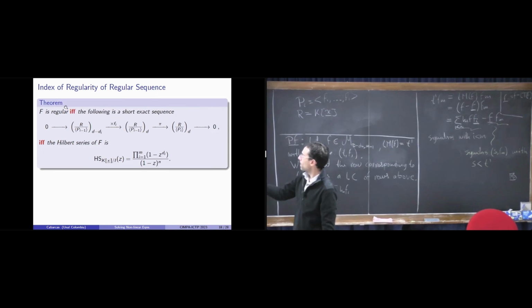So this is just the quotient at degree d minus di. This is multiplication by Fi, to the same quotient, but at degree d. And then the projection, adding one more polynomial to the ideal in the denominator.